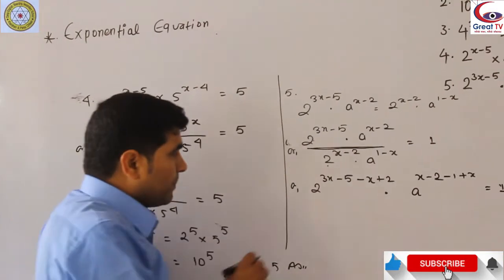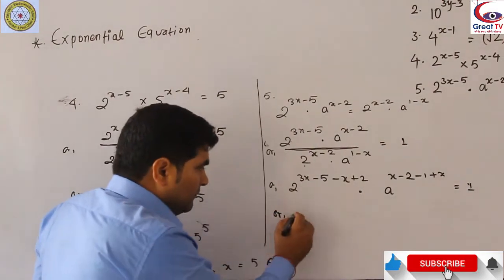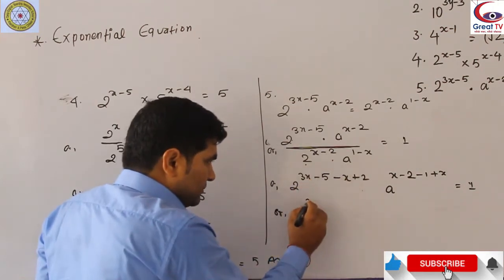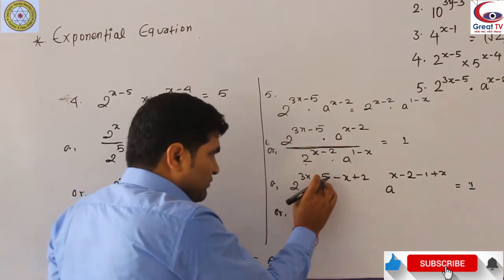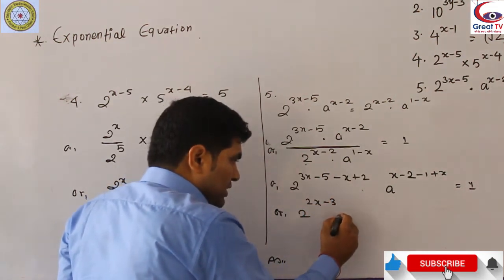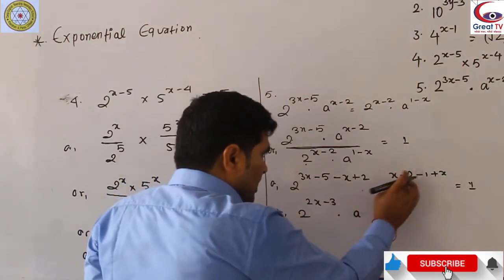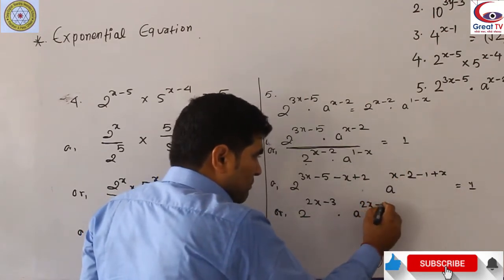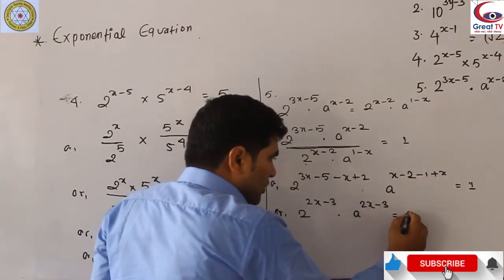Dear students, now simplify this: 2^(3x-x, that is 2x-5+2-3) times 8^(x-2-1+x, that is 2x-3) equals 1.